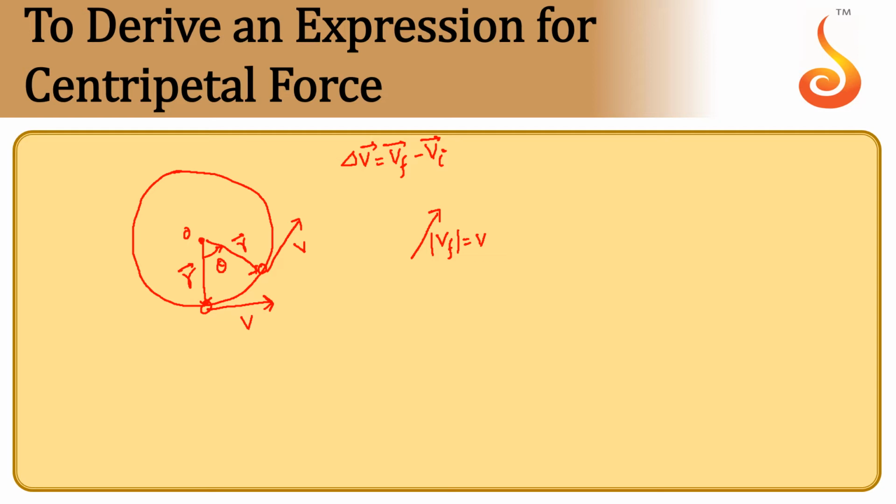Minus v initial means exactly the opposite direction with the same magnitude, v itself. Therefore this will be the change in velocity according to the triangle law of vector addition.